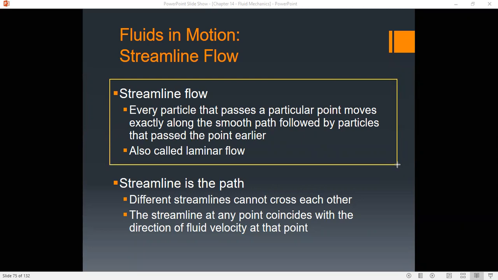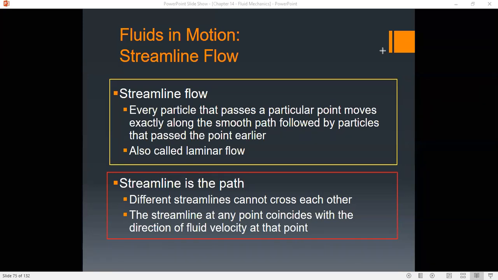This is where every particle that passes a particular point goes through the exact same trajectory as every other particle, okay? With streamline, the streams cannot cross one another, and basically, it is what we would consider to be a steady state. It does not change with time.